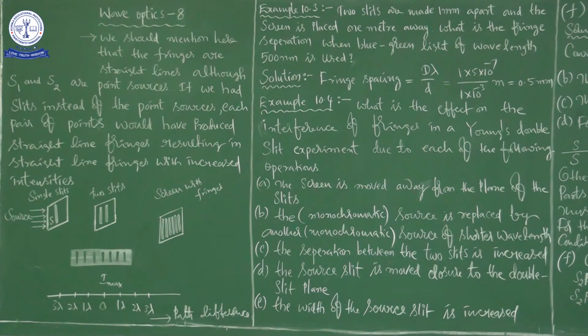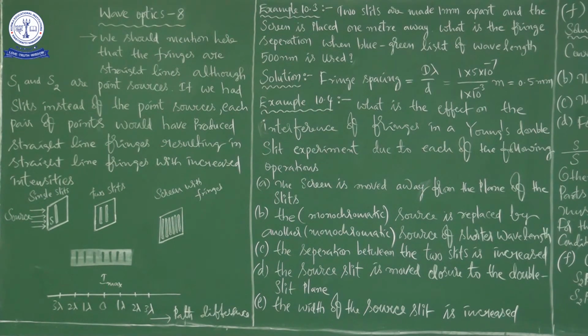The actual separation of the fringes increases in proportion to the distance of the screen from the plane of the two slits. As you move the screen away from the two slits, the actual separation of the fringes increases. So the actual separation of the fringes is directly proportional to the distance of the screen from the plane of the two slits.